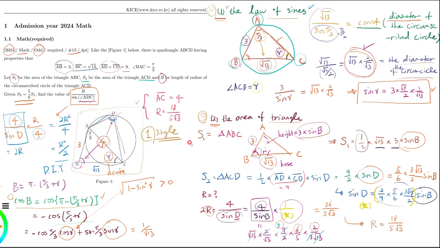So this is why a single problem can be complicated enough, but I chose this problem to review because it has a kind of deep meaning inside. Okay, that's it.